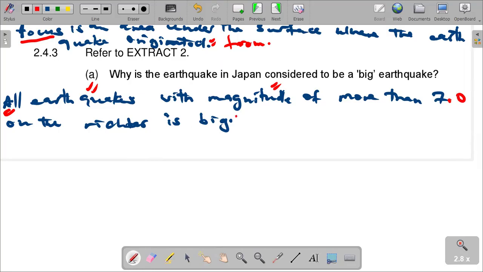When an earthquake has a magnitude of 7.0 or more on the Richter scale, it is considered to be big.